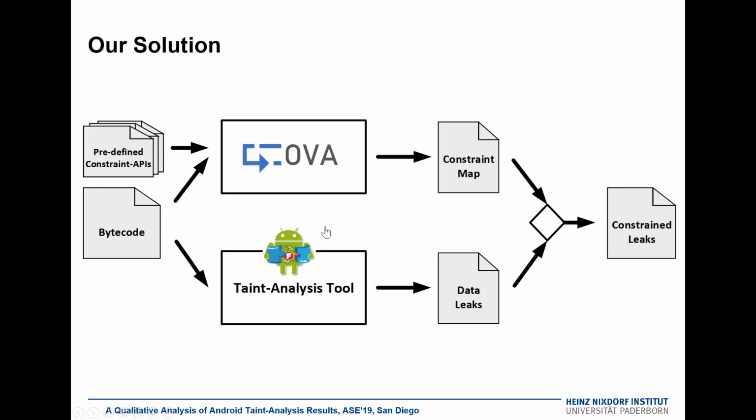We analyze the Android app with both FlowDroid and COVA separately, and then we merge the results of both afterwards, such that each taint flow reported by FlowDroid is labeled with a path condition computed by COVA, and this path constraint is used to classify the taint flow later.